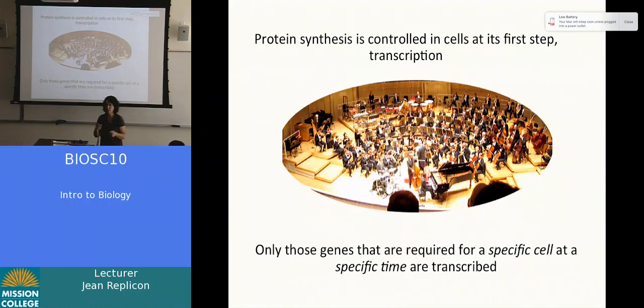So if protein synthesis is transcription, translation, let's just control things at the transcription part. Why even go forward if we don't need it? So that's where protein synthesis is controlled, at transcription.